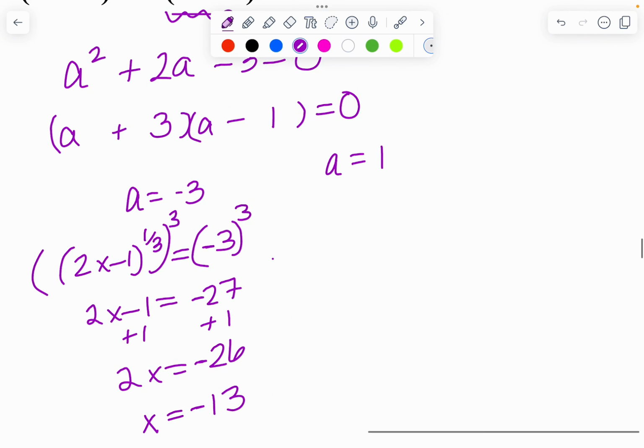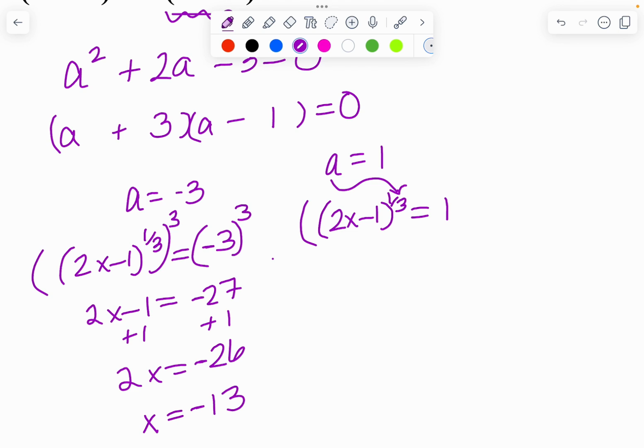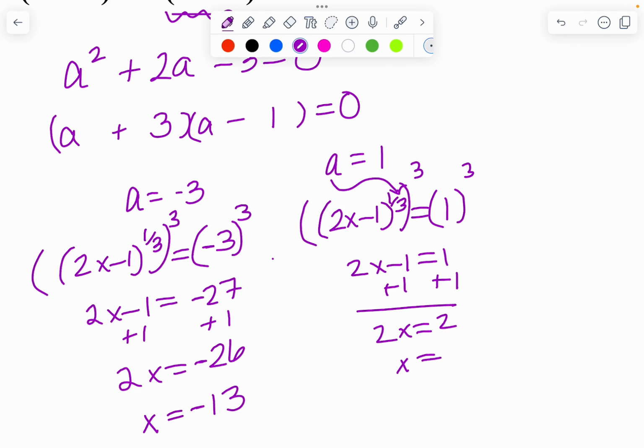And then for this, I would do 2x minus 1 to the 1/3 equals 1. And then cube this. And then I have 2x minus 1 equals 1. I add a 1. So I have 2x equals 2, x equals 1. So I have these two answers.